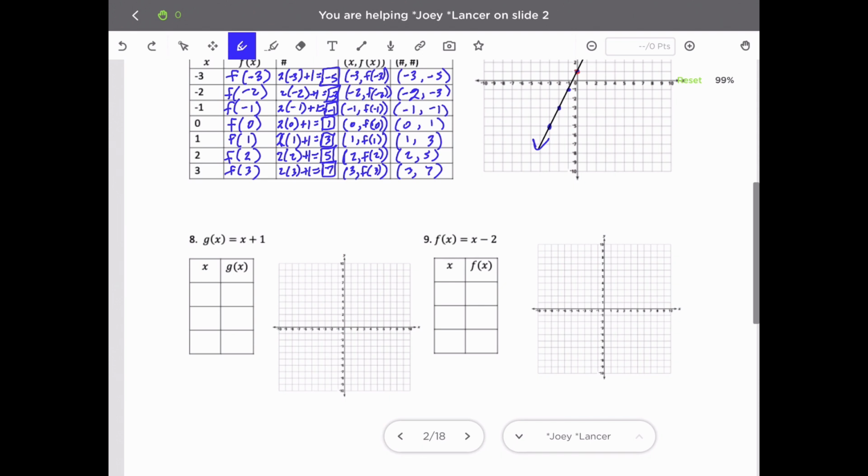And so here we'd maybe begin graphing with -1, 0, and 2. Let's see what happens with these numbers as we plug them in to the function g of x. We get -1 plus 1 equals 0. So our coordinates are -1, 0.